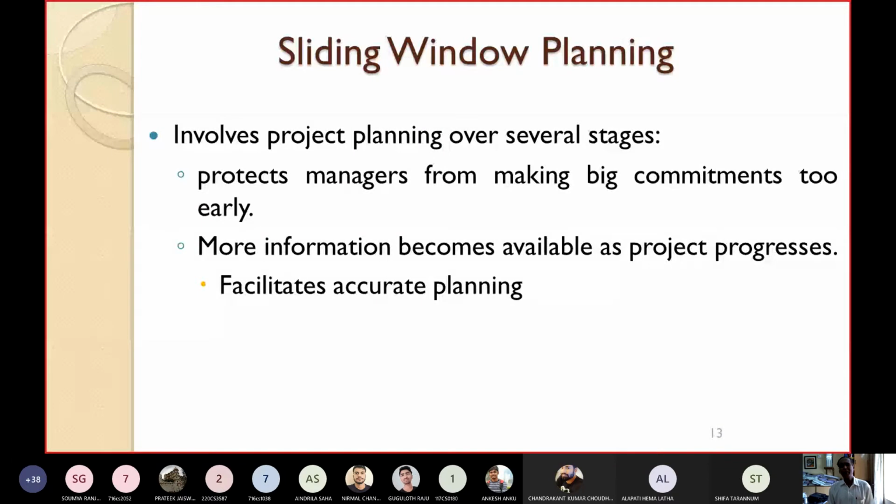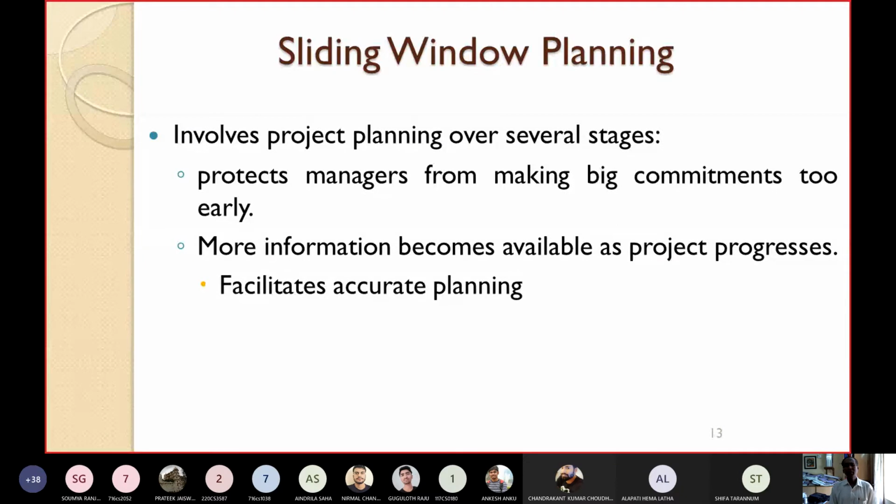Initially, from day one, they will not say that we can complete within 6 months or 1 year. They will be able to say, okay, tentatively it is 6 months, but the actual one I can say after 2 months or so. So from the very beginning, they will not make big or unrealistic commitments.